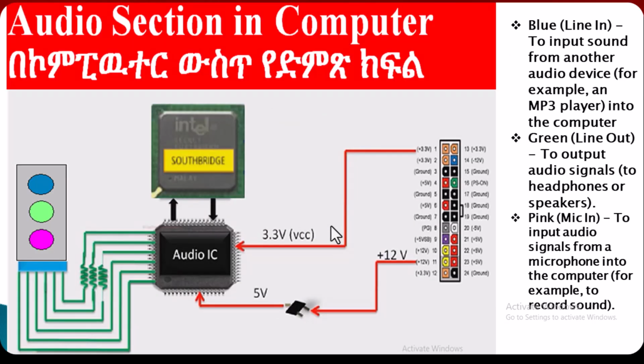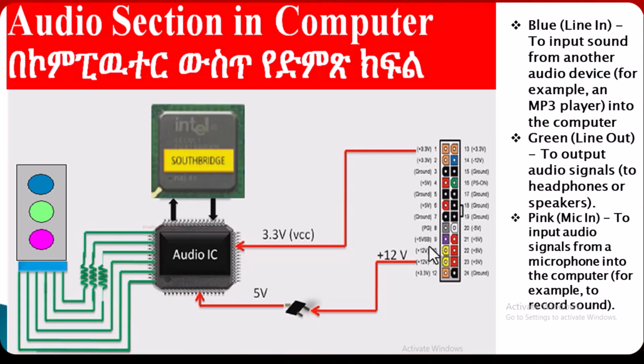Now welcome to the audio section in a computer. Look at this. This is the power supply of a desktop, because a desktop has a 24-pin or 22-pin connector, and different colors have different voltages.